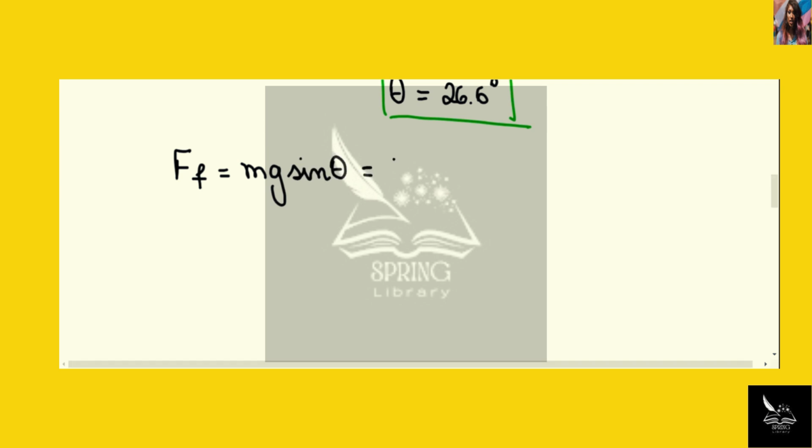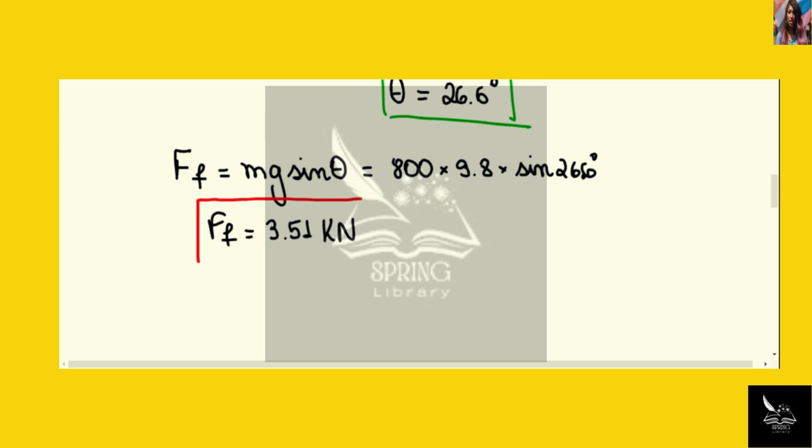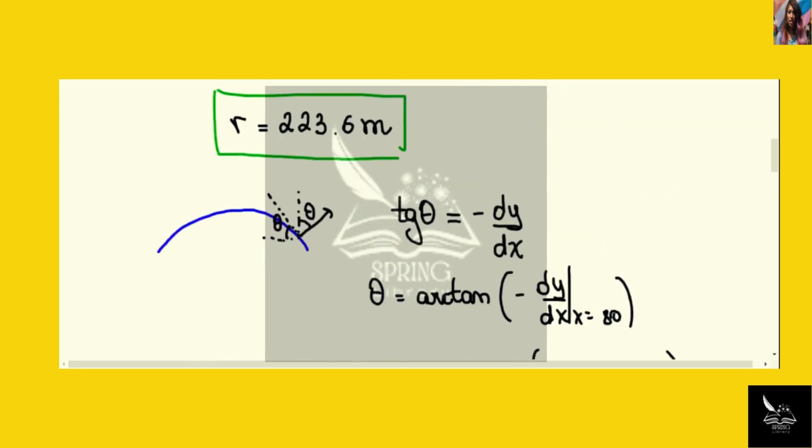Now m is 800 kilograms, g is 9.8 meters per second squared. I have to multiply it by the sine of 26.6. So the friction force is equal to 3.51 kilonewtons. Okay, this is the first answer, and then we have to find the normal force.